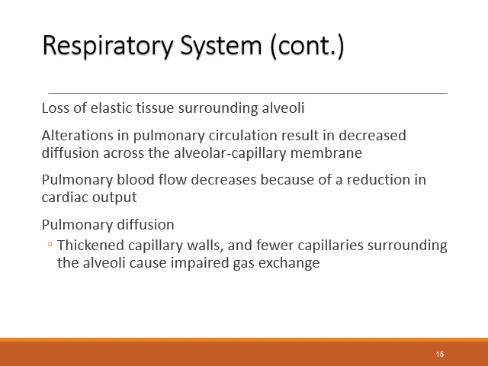The tissue around the alveoli loses its elasticity. And this is where our gas exchange takes place. So if you lose elasticity there, your gas exchange isn't going to be as good, which may explain why the normal is more 95%, like I had mentioned before, in a 70-year-old.